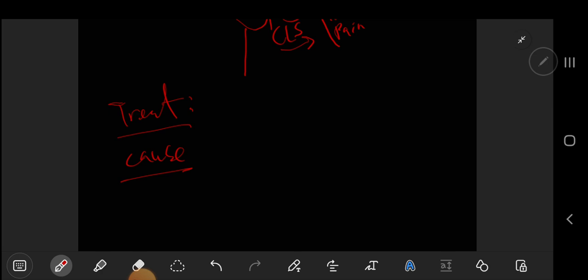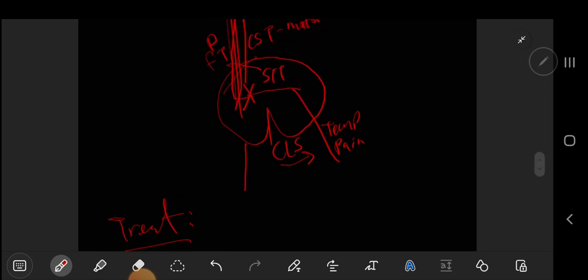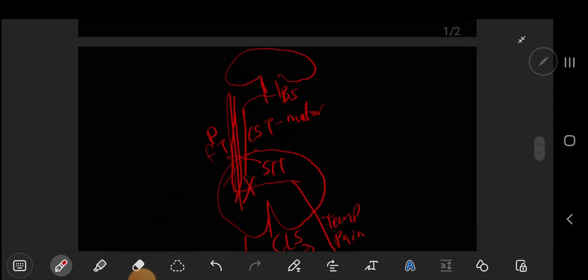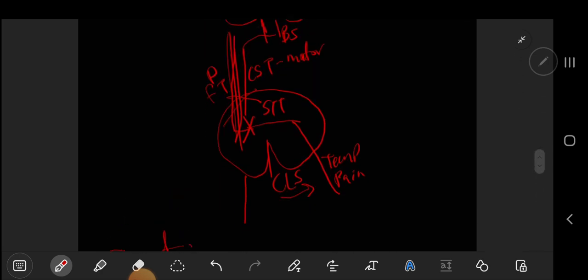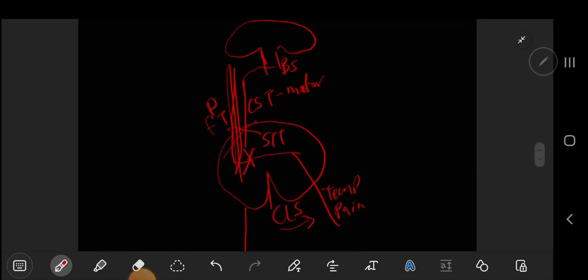which comes from the one-sided lesion to the spinal cord, and understanding the way the corticospinal tract and the spinothalamic tract and the proprioception and fine touch, which comes from the dorsal columns, cross where they cross in the central nervous system.